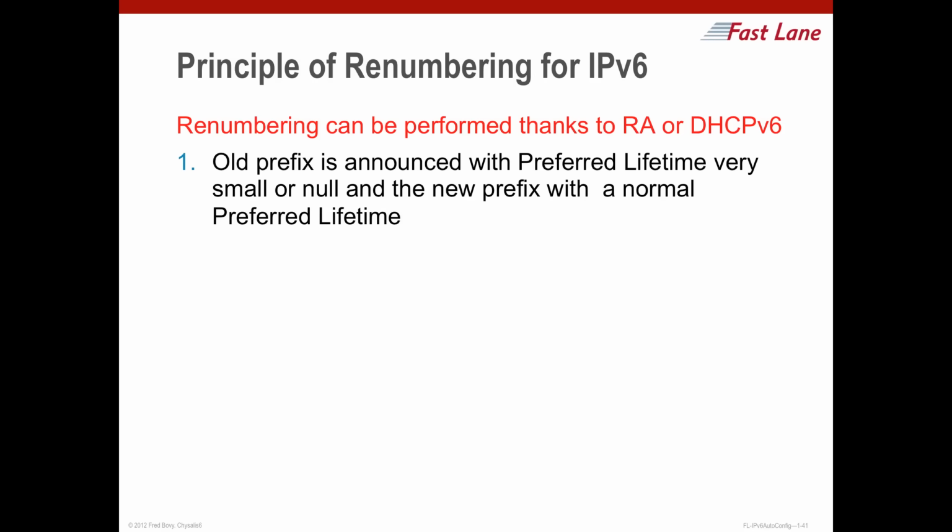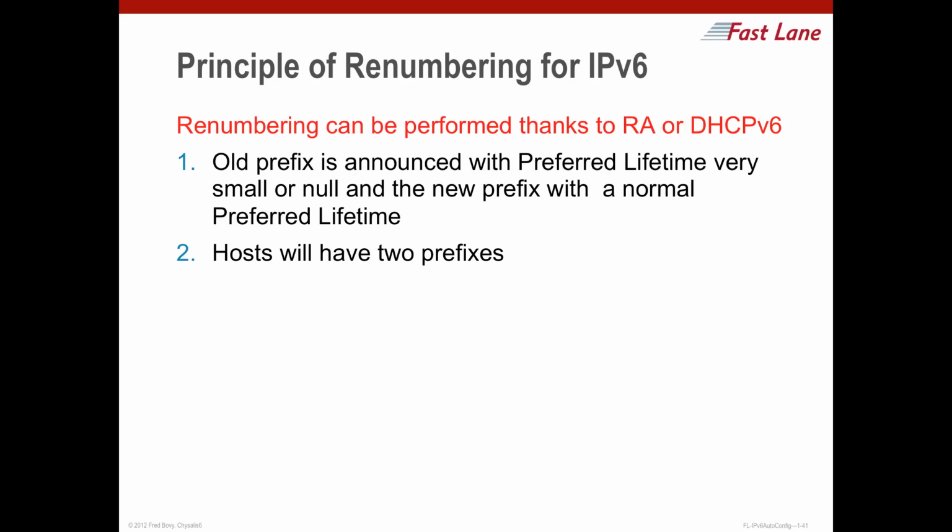The old prefix is announced with an old preferred lifetime, so all addresses which are derived from this prefix are immediately deprecated. So the hosts have two prefixes, one which is deprecated, which cannot be used for a new connection, and one which can be used for a new connection.